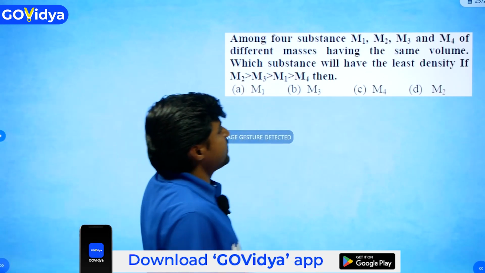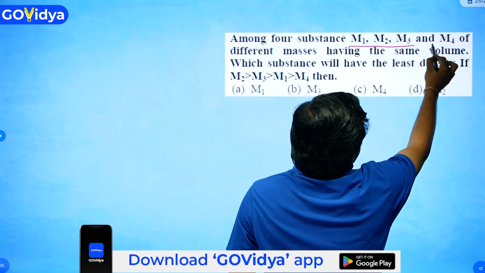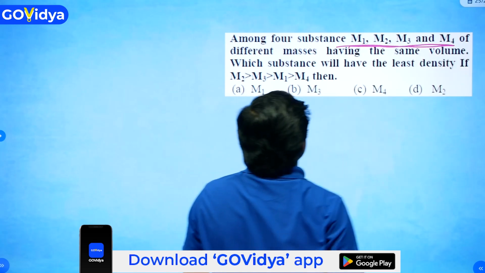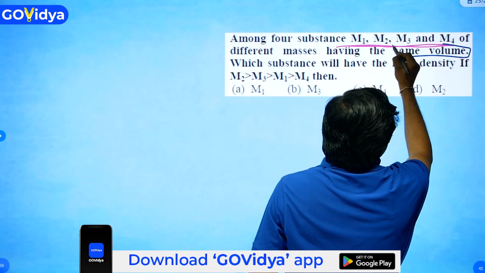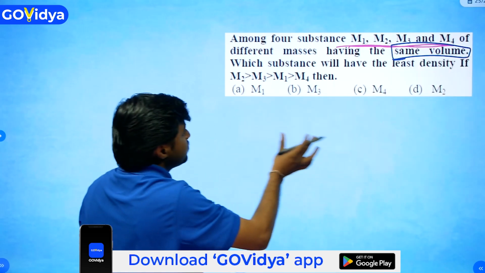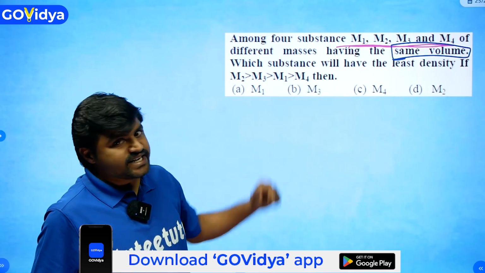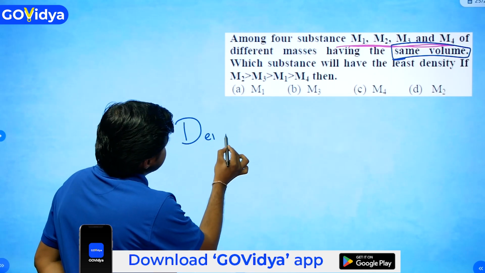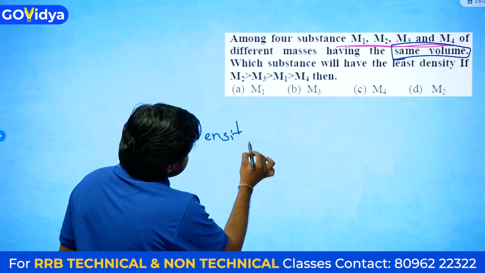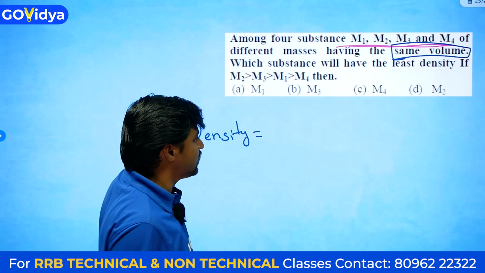Among the substances M1, M2, M3, M4 are the different masses having the same volume. The volume is the same but the masses are different. Which substance has the least density? Density is equal to mass by volume.